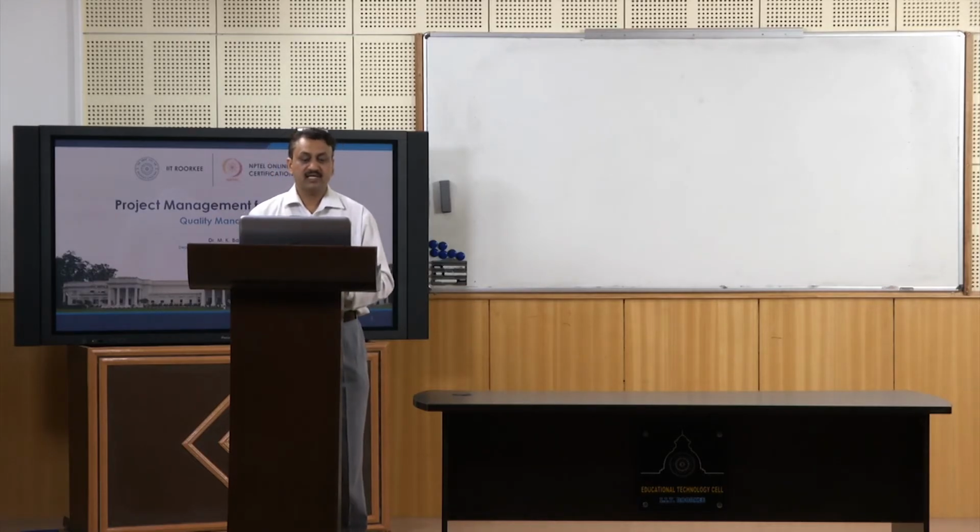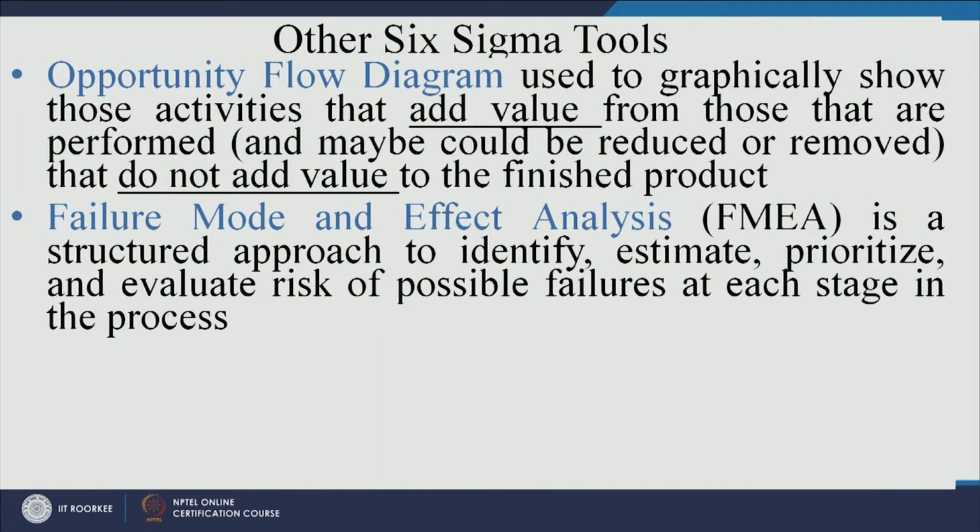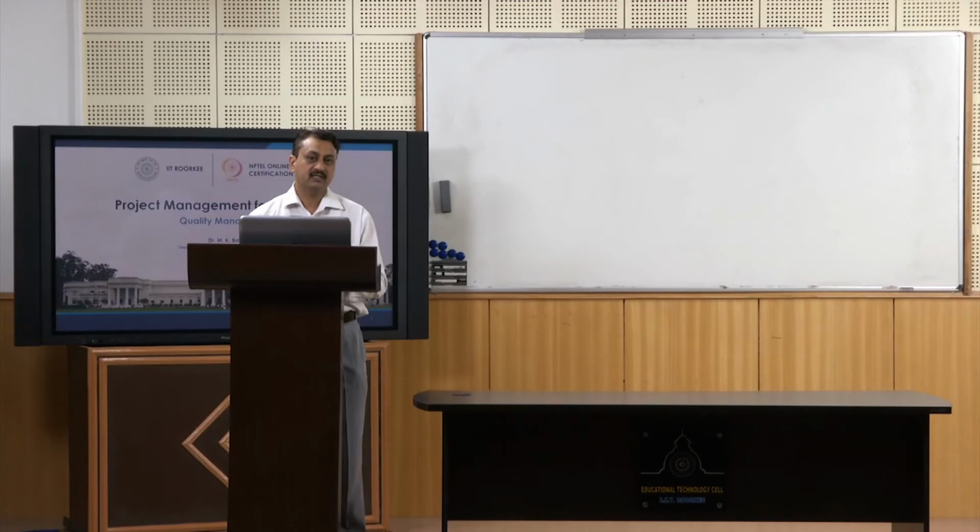Then you have got failure mode and effect analysis, FMEA. Failure mode and effect analysis is quite an important tool. In fact, this can be done before failure occurs. In fact, this should be done before failure occurs.